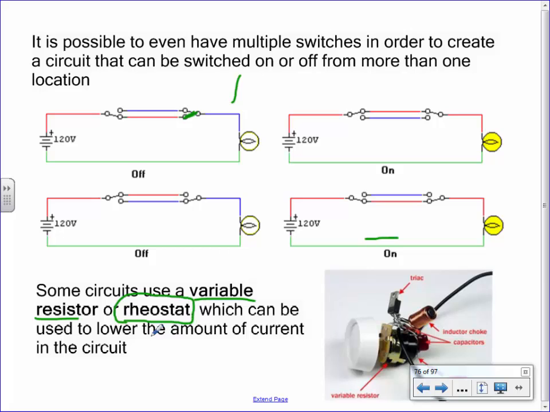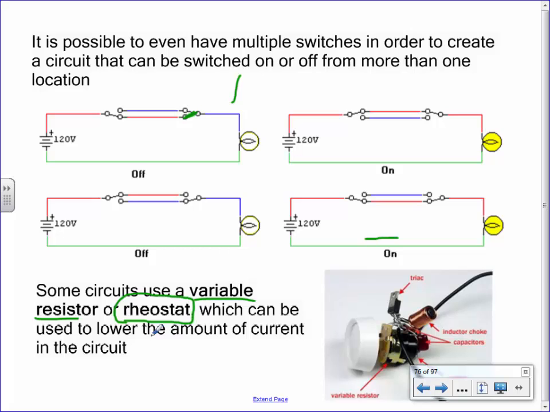Let me give you some other examples of variable resistors you might know about. For example, let's say that you were to use a hand mixer, and it had like 3 speeds: slow speed, medium speed, ultra fast blending speed. Well, that's a variable resistor because as you change the resistance, it changes how fast it moves.